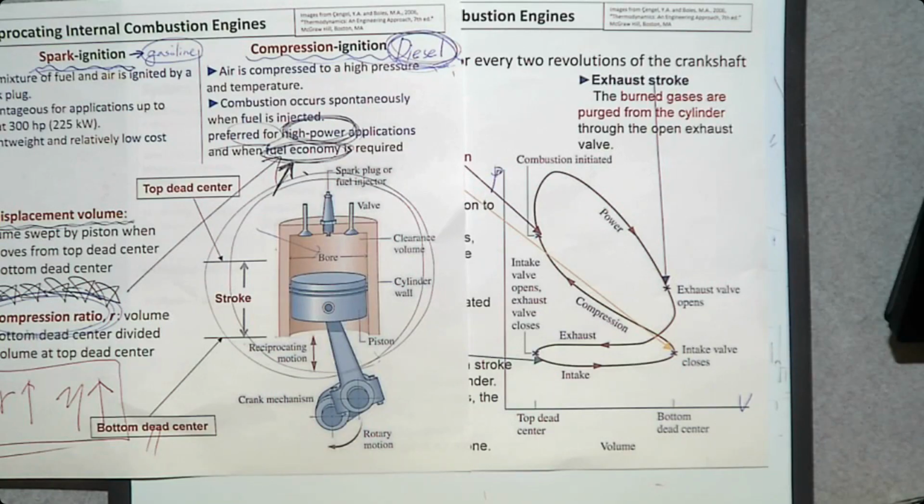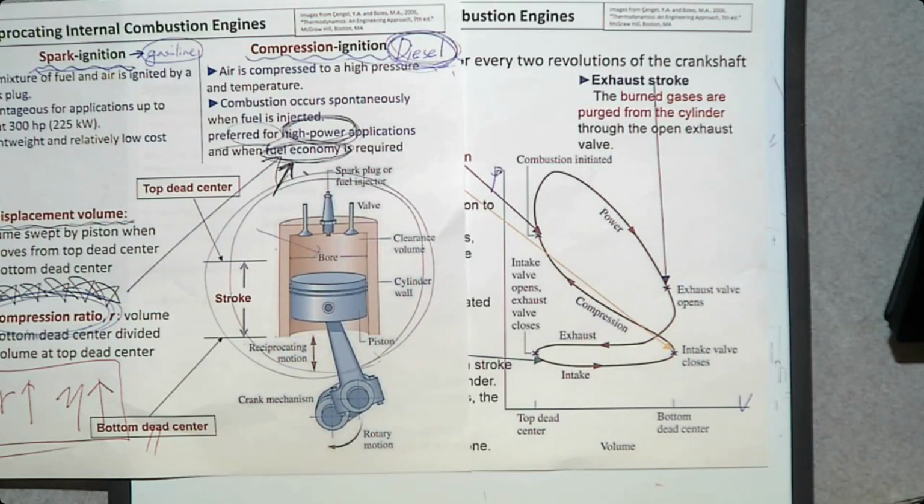That is called exhaust stroke. So once the power stroke is over, then exhaust stroke. At constant pressure, since the valve is open, we are pushing the exhaust gas out of this cylinder. That is exhaust stroke.